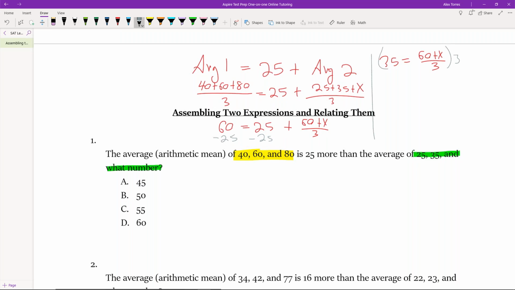Now we can multiply both sides by 3. And we'll have 105 equals 60 plus x, because these two 3's cancel together. Take away 60 from both sides now. And you get x equals 45. So the answer here would be A.